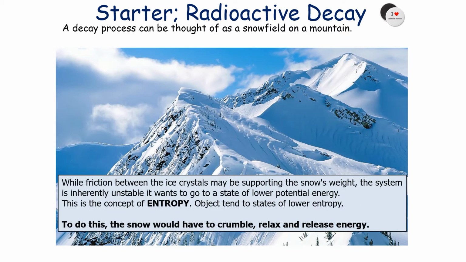Now, a decay process can be thought of as a snowfield on a mountain. While the friction between the ice crystals may be supporting the snow's weight, the system is inherently unstable and wants to go to a state of lower potential energy. This is the concept of entropy: objects tend to states of lower energy. To do this, the snow would have to crumble, relax and release energy.